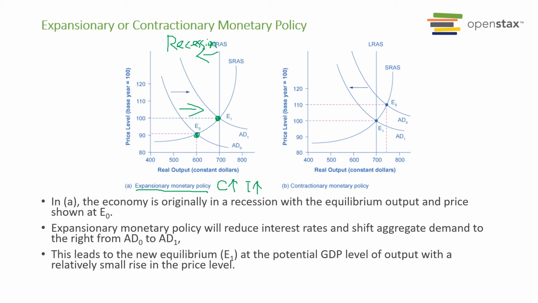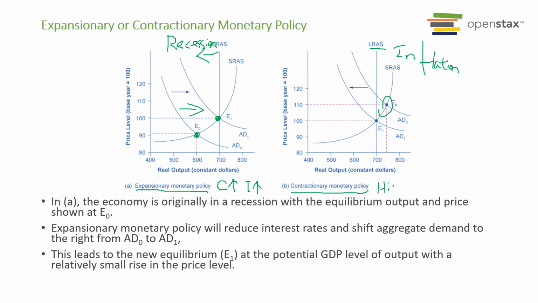When you go to the right, we go back to our long run potential. And then vice versa for the one on the right, where we're operating to the right side of our long run supply curve. This is called inflation. With inflation, what do we do? We try to cool the economy down by using our contractionary policy, so higher interest rate.